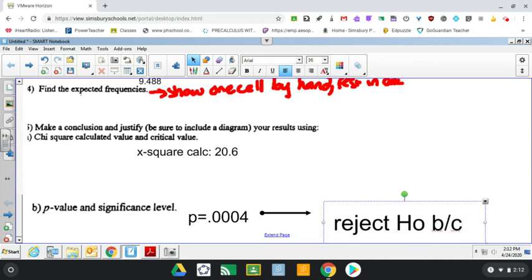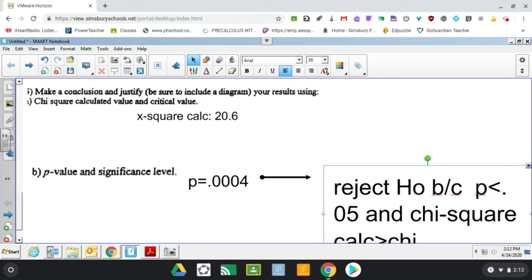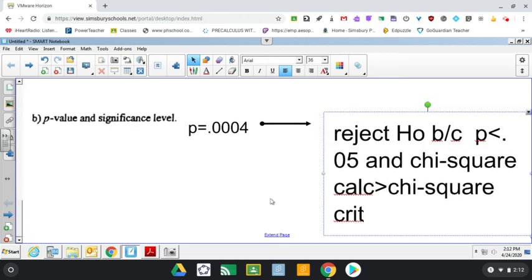Because P is less than 0.05. And so there's actually 2 reasons. And because, if you want to write out the words, a chi-square is what this looks like. Your chi-squared calculated is greater than your chi-square critical. Okay, so you want to do both of those to verify.